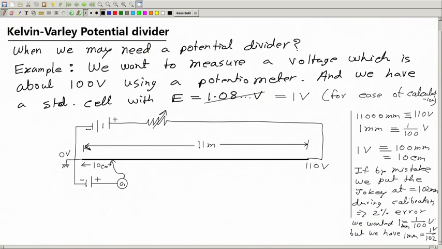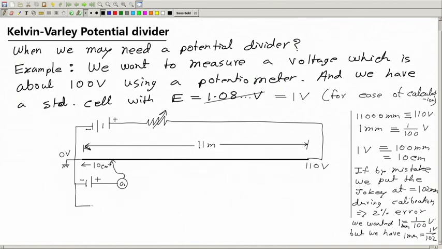So, now this is a 2% error approximately. If you remember the rule for error in product and division, then you know that this is approximately a 2% error in the voltage per millimeter.